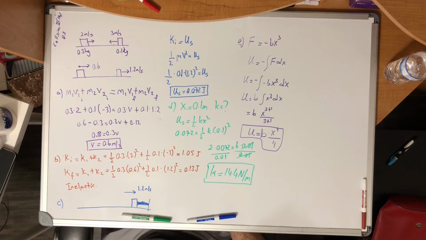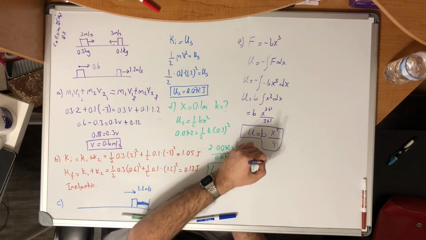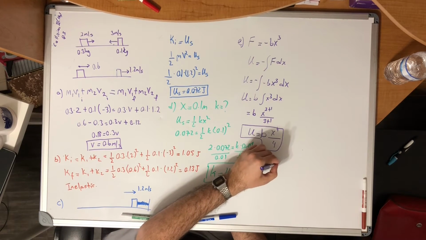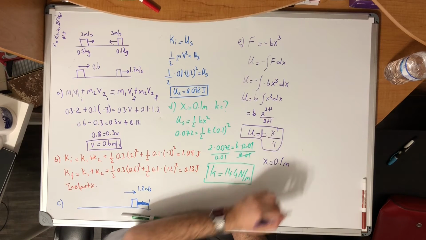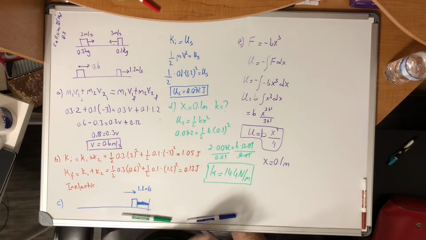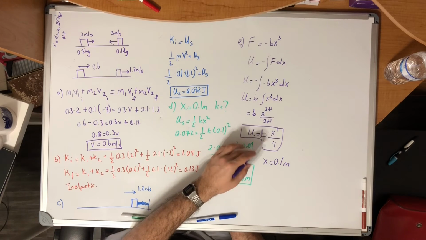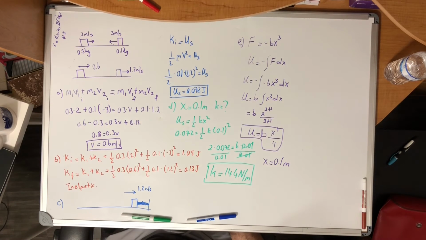And what condition did they give me? Calculate your b value for x equals 0.1 meters. So what should we do?